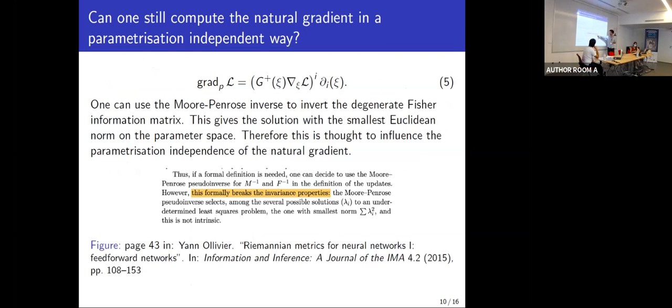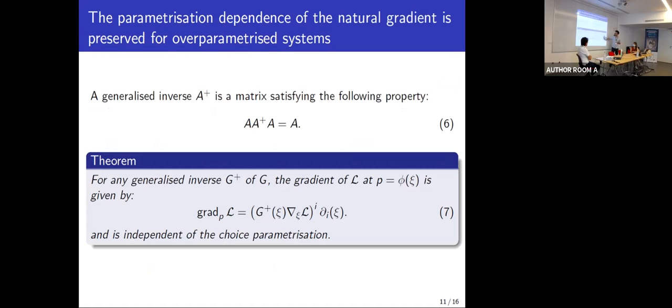So we have all possible solutions lambda, and it chooses the one with the smallest norm, and that is not intrinsic to the manifold, basically. So this paper was actually the reason for me to write my paper together with Nihat, to clear up this confusion, because the main theorem of our paper states that the natural gradient actually does remain parametrization independent.